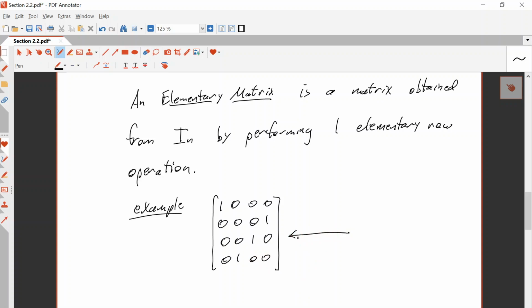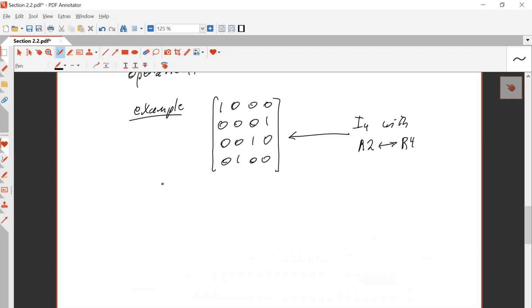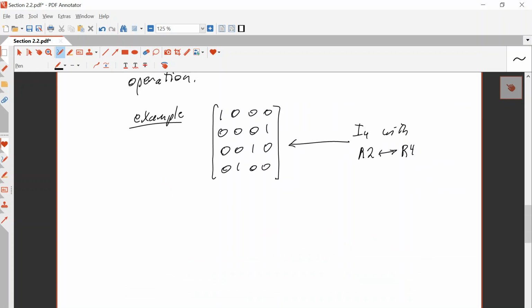This is I4 with row 2 switched with row 4. I just switched row 2 and row 4. So that's an elementary matrix. One row operation obtained from the identity matrix. It's a 4 by 4 elementary matrix. Here's another one.